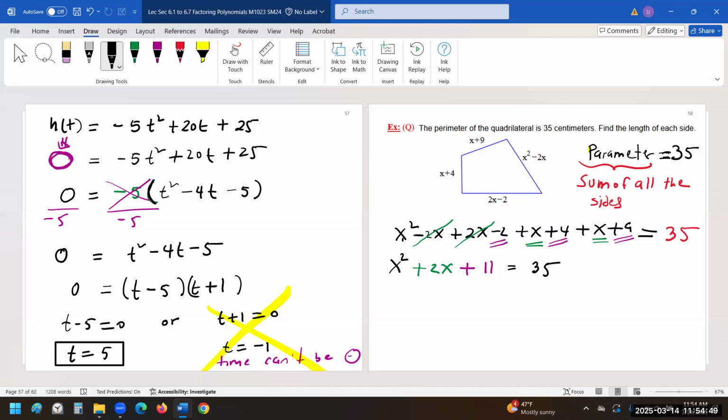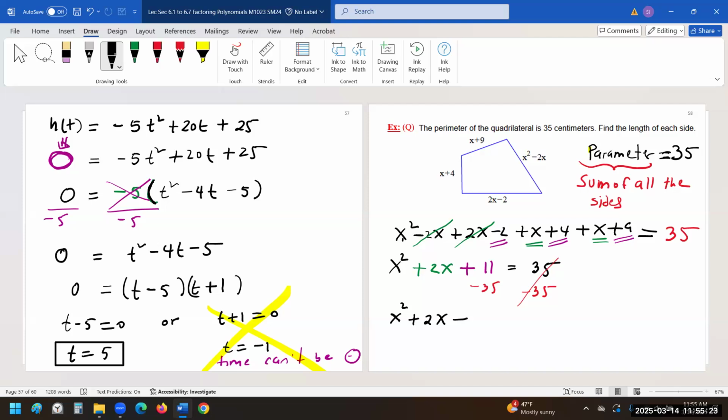Are we happy? In order to solve, what must we see? 0. Do you have 0? What can we do to see the 0? We need to subtract 35. So minus 35, minus 35. And we have x squared plus 2x.